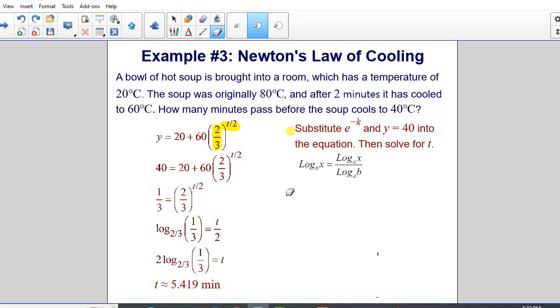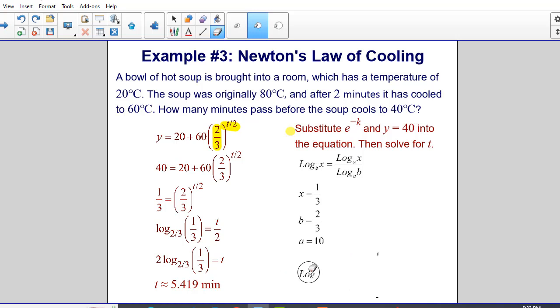And for our particular problem, I'm going to let x equal 1/3 since we are finding the log of 1/3. And our base is 2/3, so this is log base 2/3. And I'm going to choose a value for a which is relatively common. A is going to equal 10. Since the log base 10 is very common with tables, our calculators are set for that as a default. So this will make it easy for us to find the value.